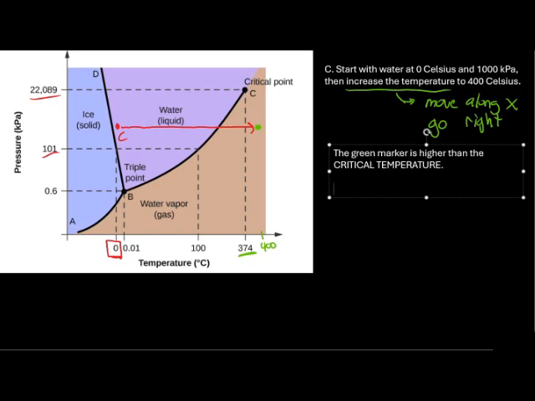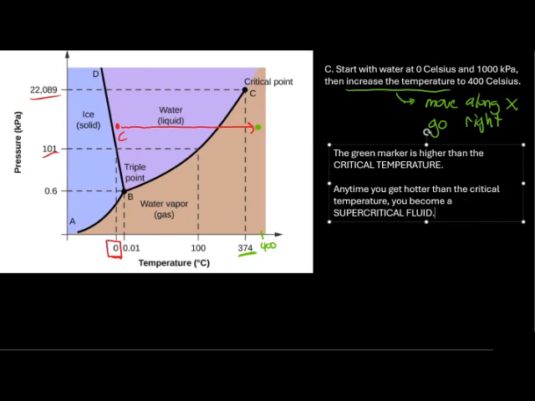We're going to become something different called a supercritical fluid. A supercritical fluid is a substance that's similar to a gas, but has much higher density. This is because it has some of the properties of a liquid and some of the properties of a gas.